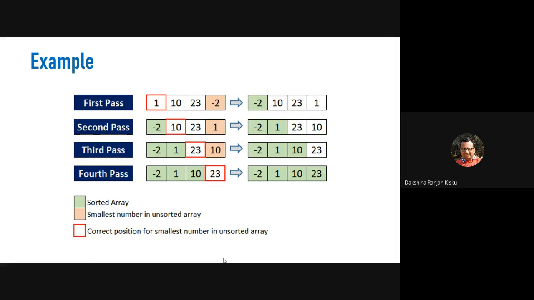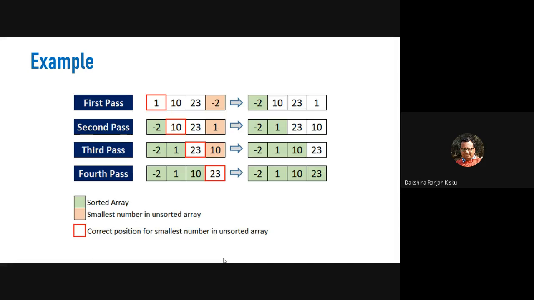After the exchange, 10 goes to the position where 1 was, and 1 is found in the second position of the array. All this is done in the second pass.